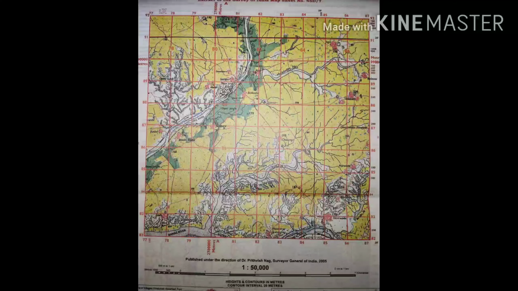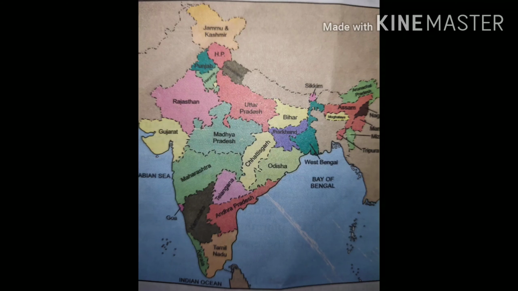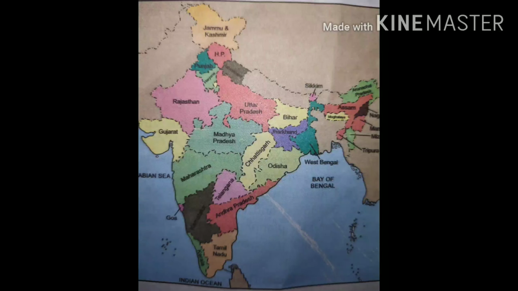The best example of a small-scale map is the political map of India or the railways map of India. India is a fairly large country and the entire country is shown on a very small piece of paper. So such maps are called small-scale maps.